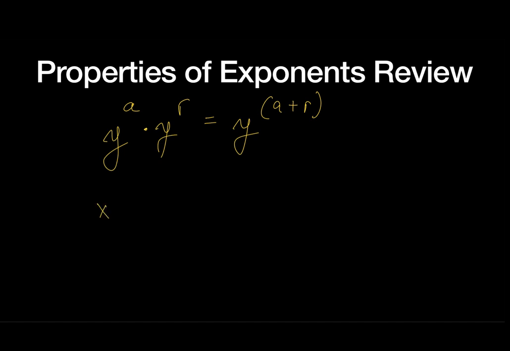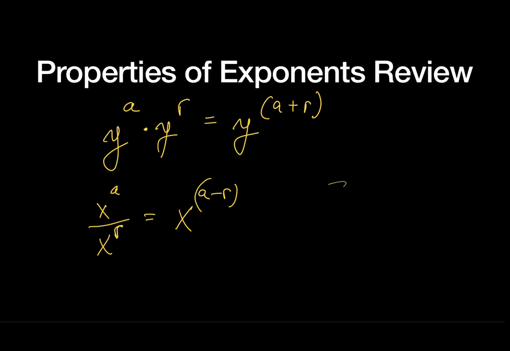x to the a over x to the r is equal to x to the a minus r power. When I have the same bases, base x, to different powers, but I'm dividing, I subtract the exponents.